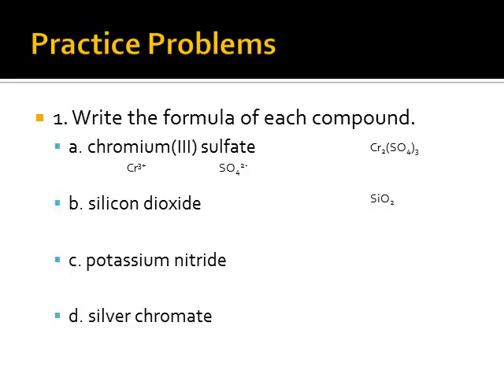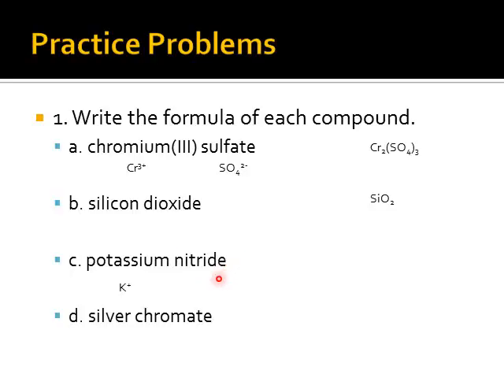Next one, we have potassium nitride. So here, notice we have a polyatomic ion. That tells you right away that you do have an ionic compound. So you want to identify the charges on the ions. So potassium, that's a 1+ because it's in group 1. Nitride, IDE, that's not a polyatomic ion. I just mentioned earlier, it said polyatomic ion.